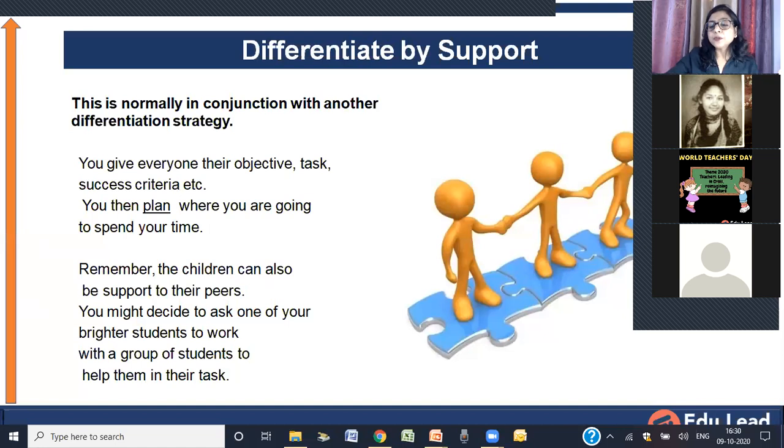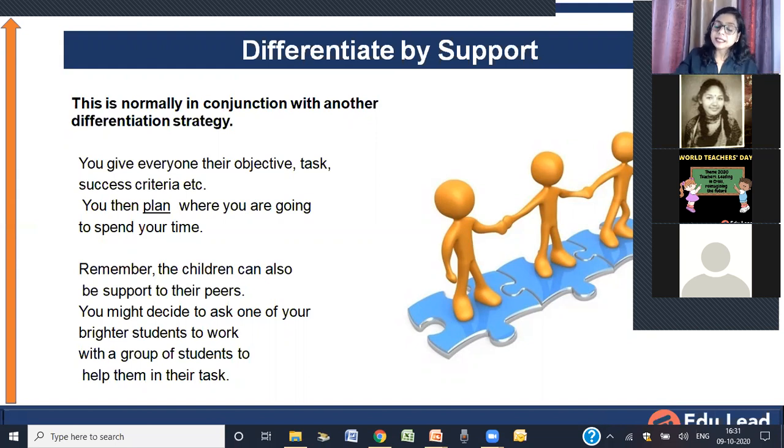So in different groups, because you're making high ability group, middle ability group, and low ability group, you are also differentiating on the basis of activity or task, right? And then because there is a low ability group which is there at one place, you can choose to spend more time with the low ability group, right? Because they are the ones which need your support. So this is differentiation by teacher support.